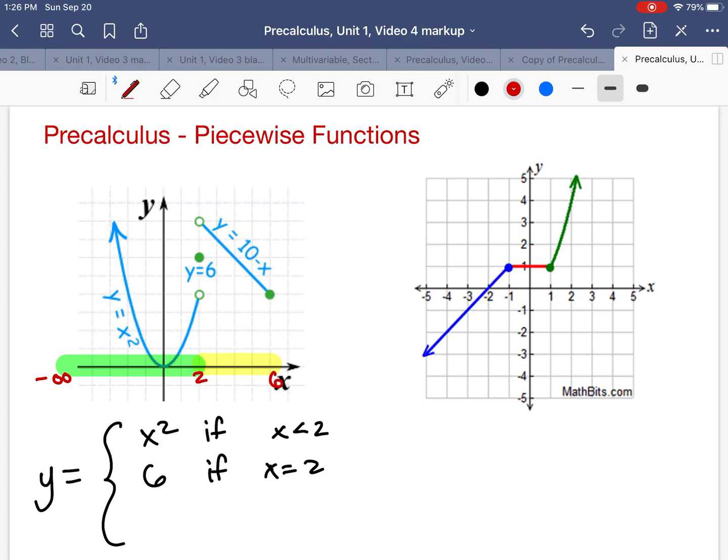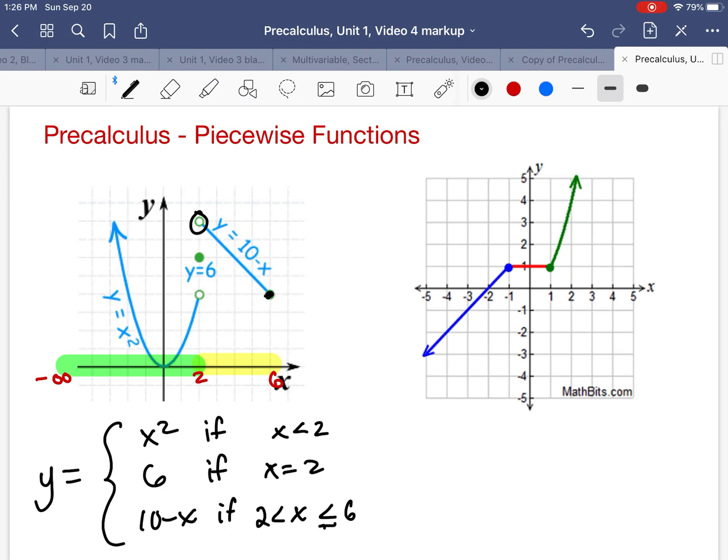All right, so the equation it says on the graph is 10 minus x. So I'm going to use 10 minus x if x is between 2, because that's where it's starting with that open circle right here, and then it lasts all the way to 6, but it includes 6 because it has a filled-in circle.